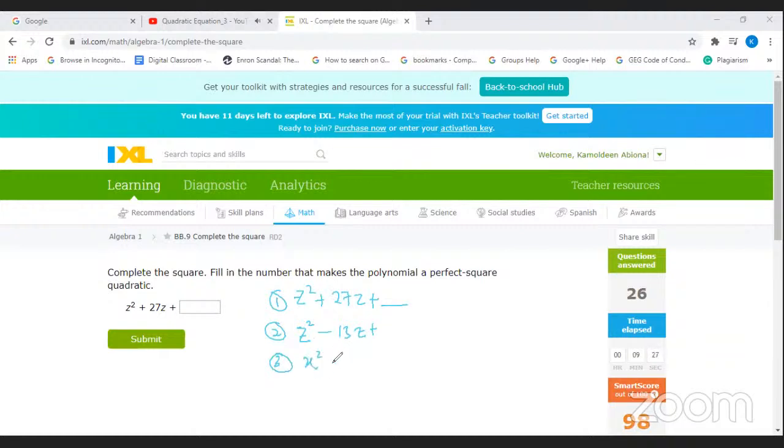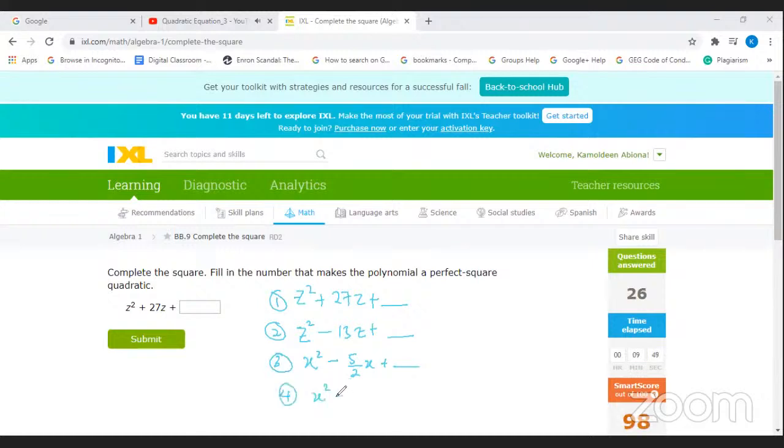Question 3: s squared minus 5 over 2 s. Plus what must be added? Don't forget, you pick anything you have here, find half of it, square it. Half of this, square it. Half of this, square it.